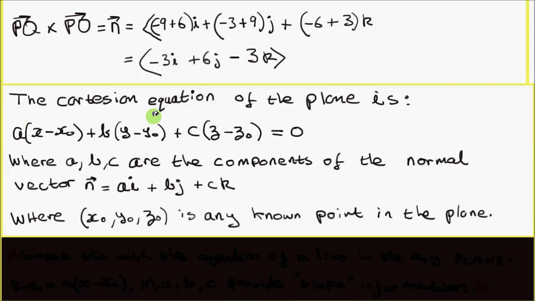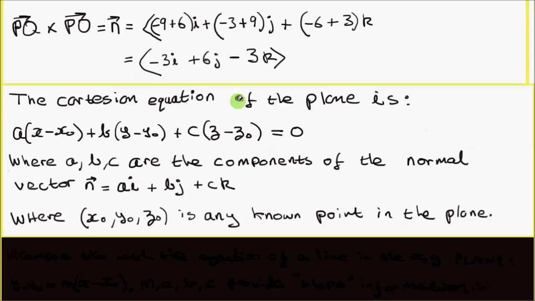The Cartesian equation of the plane is given in the form a times (x minus x naught) plus b times (y minus y naught) plus c times (z minus z naught) equals 0, where a, b, c are the components of the normal vector. The normal vector n is equal to ai plus bj plus ck. In reference to the normal vector we found up here, minus 3 is a, plus 6 is b, and minus 3 is c.